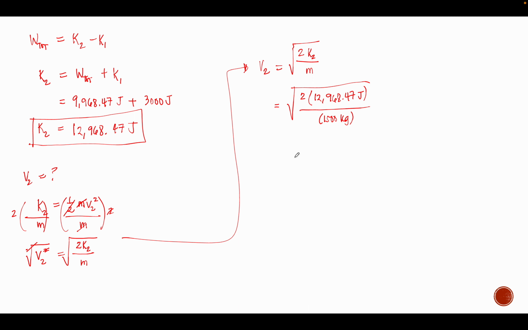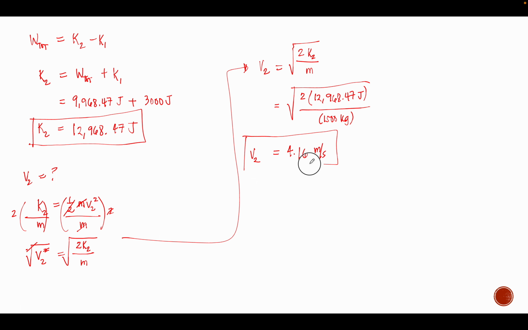Okay, so if we calculate this, we have the square root of 2 times 12,968.47 divided by 1,500. So it is equal to 4.16, and then the unit will be in terms of meters per second.